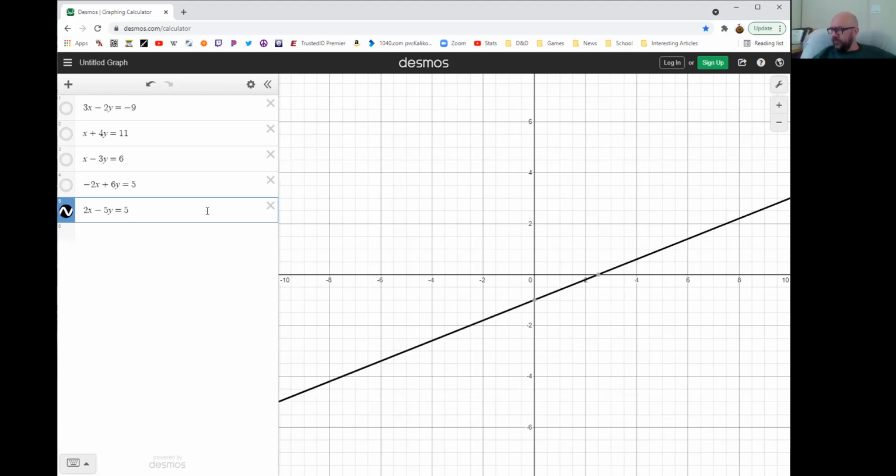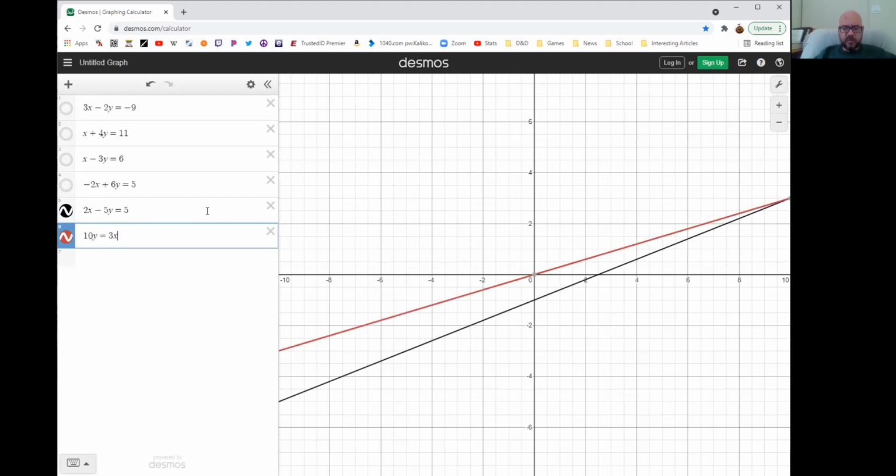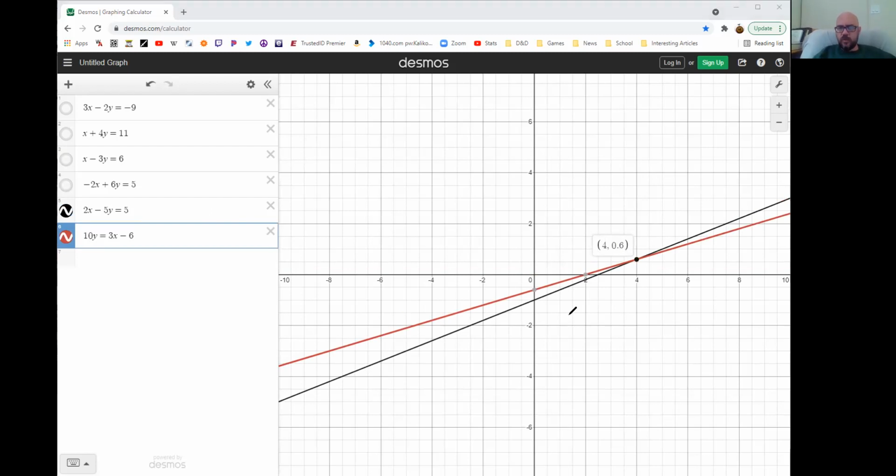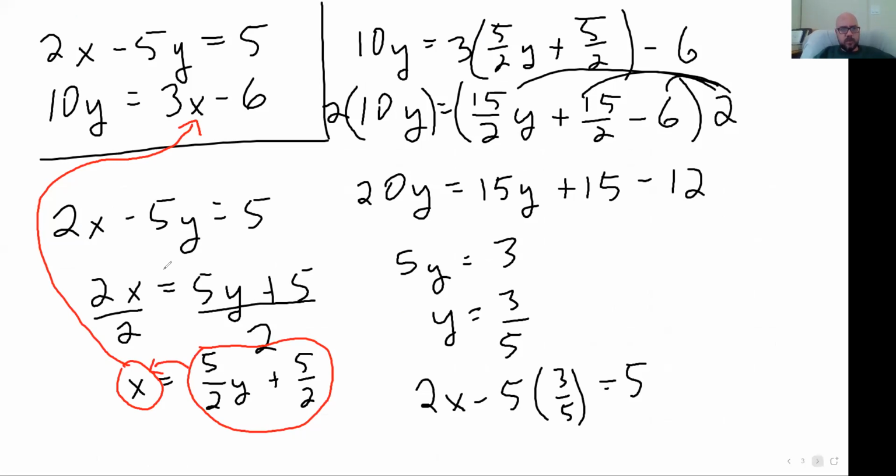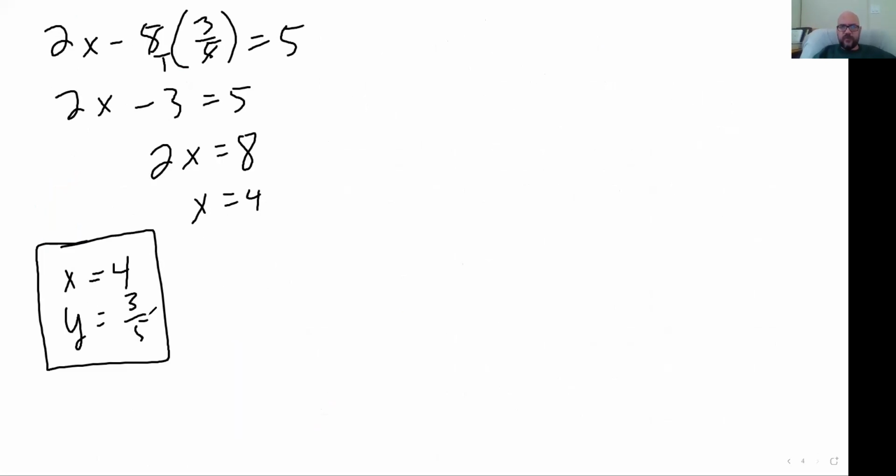And then the other one was 10y equals 3x minus 6. And then our answer is 4 and 0.6, which is 3/5. So x is 4 and y is 3/5 was our answer here, and I believe that was our answer on the whiteboard as well. Yes, sir. X is 4, y is 3/5, as we expected. So that's looking good.